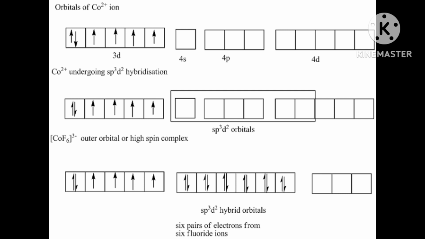Then the hybridization is called dsp2, total 4.